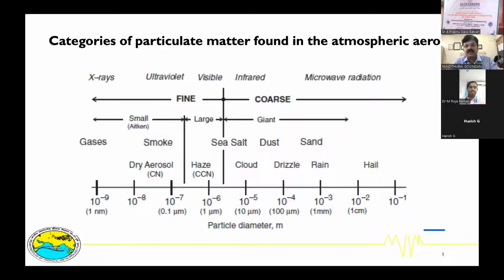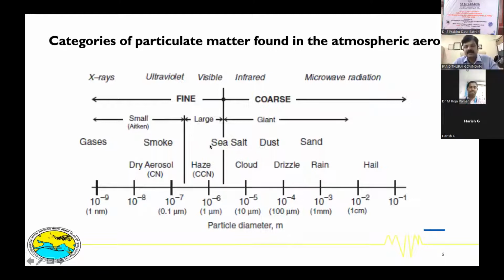And these are the different categories of particulate matter we have to deal with in the atmosphere, which range from nanometer size to centimeter size. So for example, the secondary organic aerosols, when they get converted from gas to particle, start at nanometer size. Then you have small Aitken nuclei particles, then the accumulation mode particles.